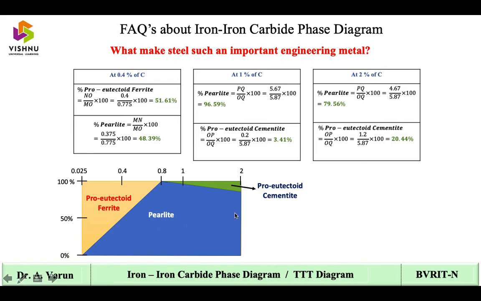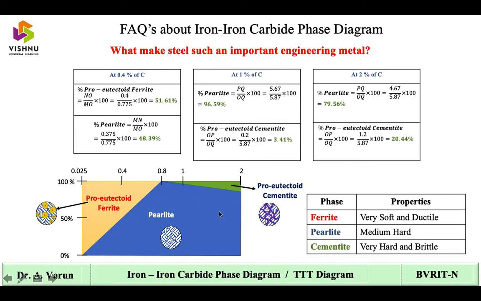And we also must remember the mechanical properties of ferrite, pearlite and cementite. Here ferrite is very soft and ductile and pearlite is medium hard. Cementite on the other hand is very hard and brittle.